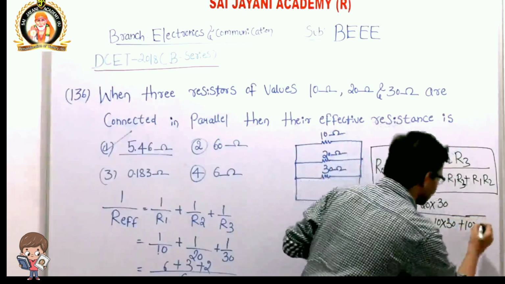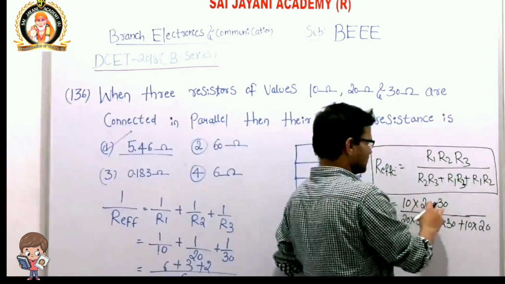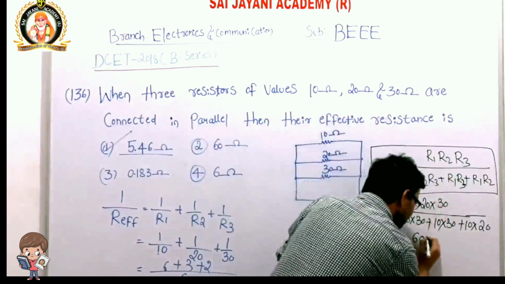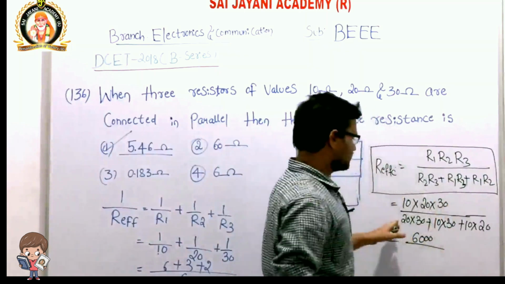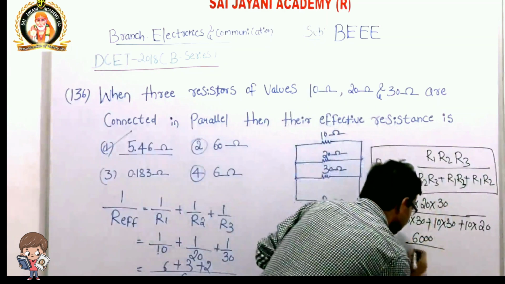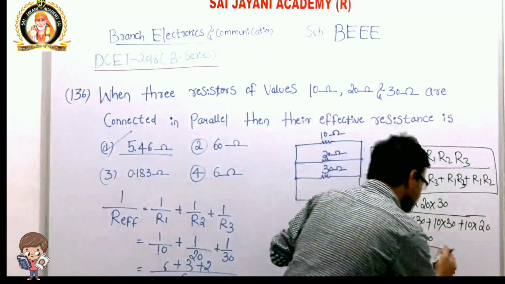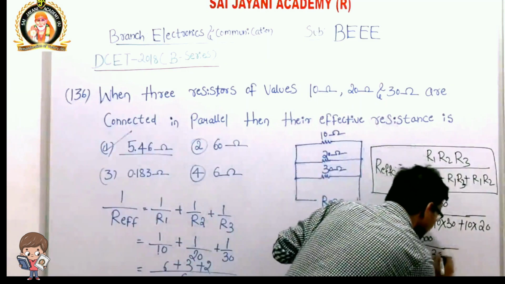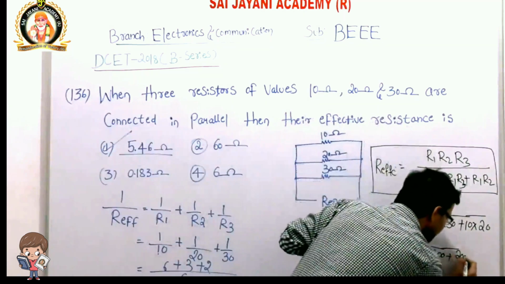If you multiply 10 into 20 into 30, you get 6000, divided by: 20 into 30 gives 600, plus 10 into 30 gives 300, plus 10 into 20 gives 200.